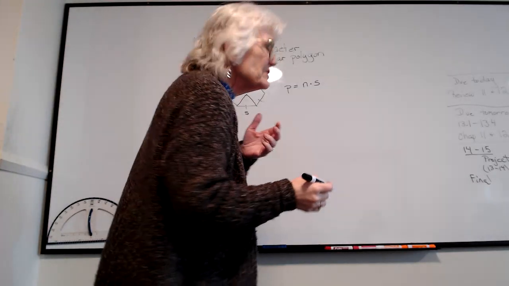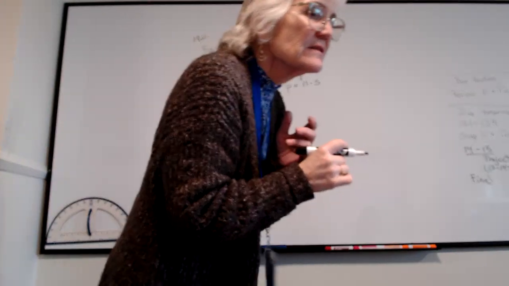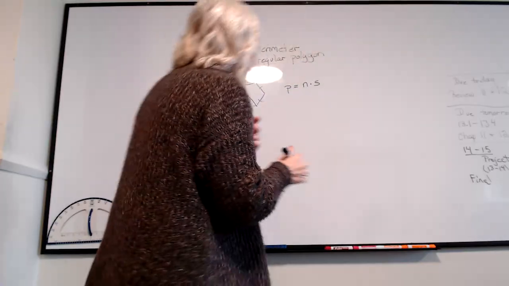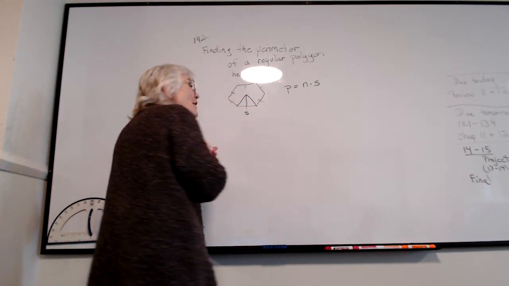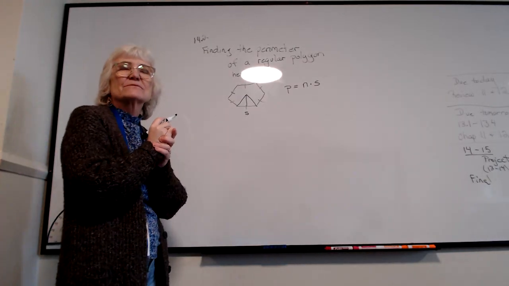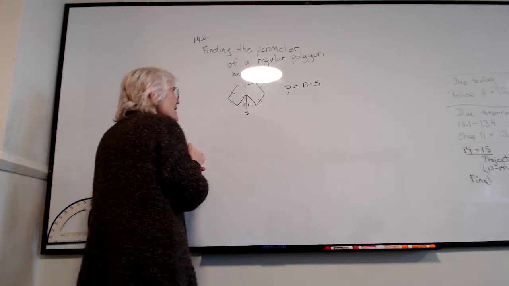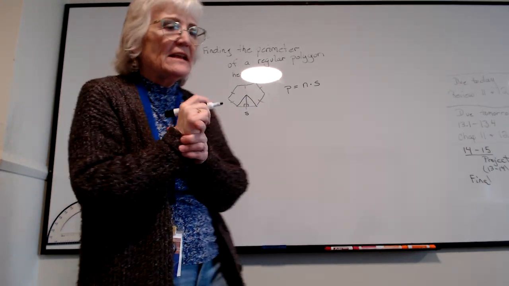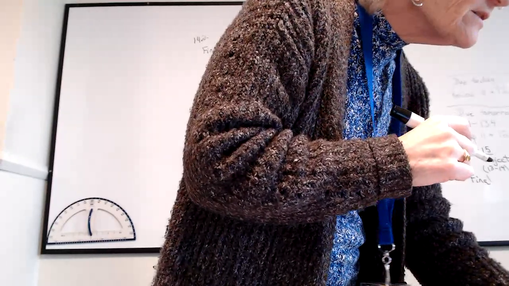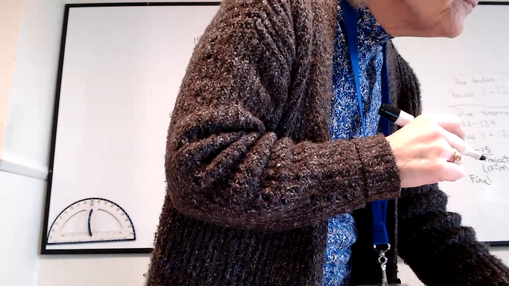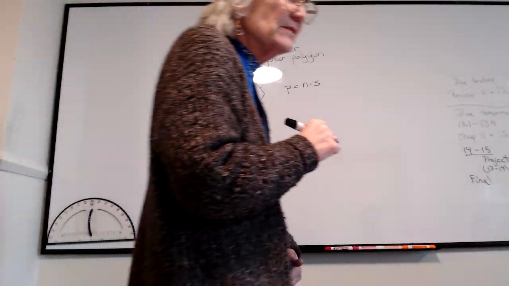So what we're going to use is the fact that we have this, and we can come down here, make an opothem, which is really a perpendicular bisector. If we know the radius, we're going to look at, that is not 100.